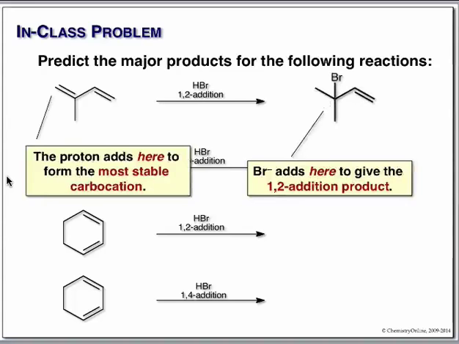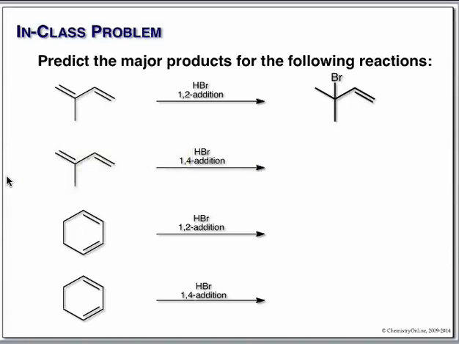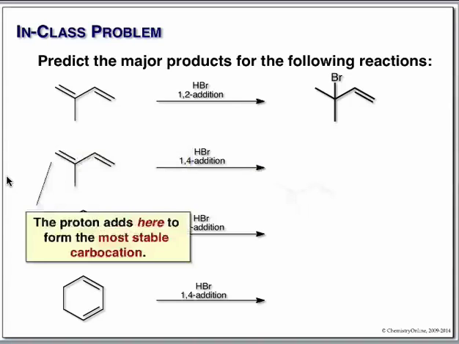Any questions? Most stable carbocation, and then add the anion. If we did a 1,4 addition here, we would still add to this carbon down here, and we would still form exactly the same carbocation.